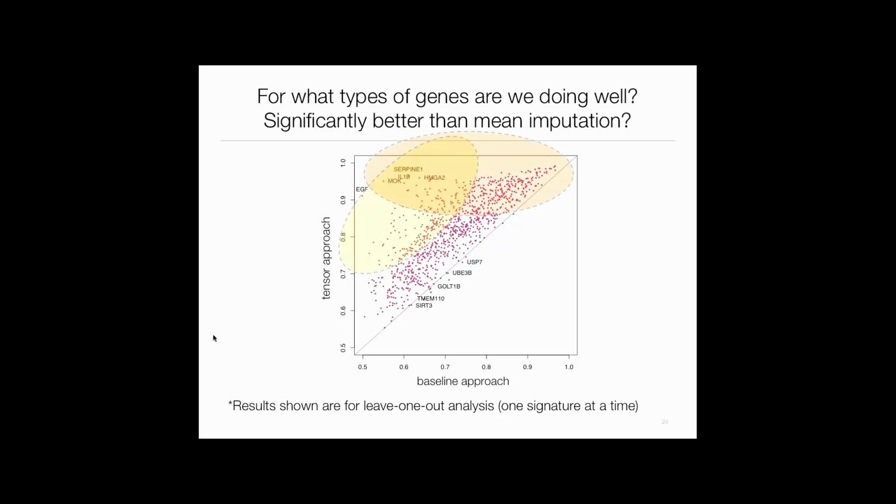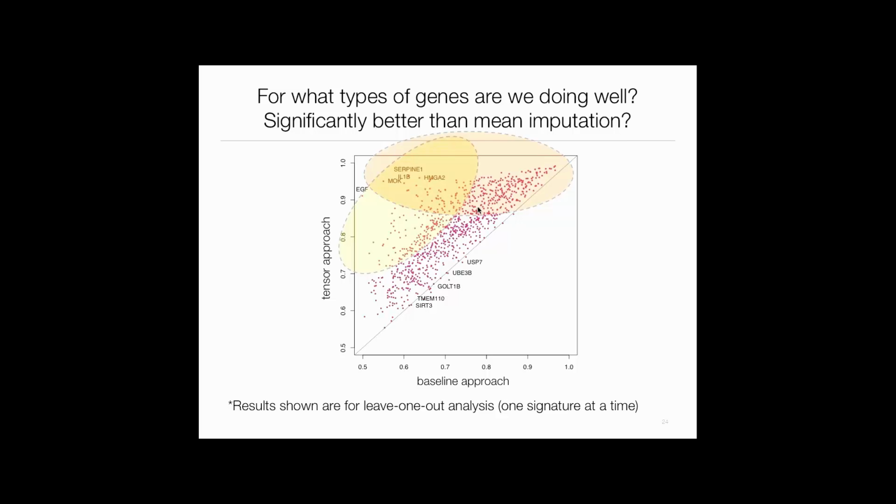And so I wanted to analyze which genes I'm doing well on. And so I focused in on 2 different regions of the plot. So first of all, this yellow region here is showing the genes for which the tensor modeling performs better than the baseline. And then the orange region is just showing genes that the tensor approach does well on, regardless of how the baseline approach does.